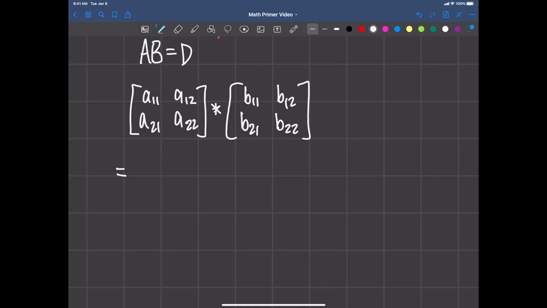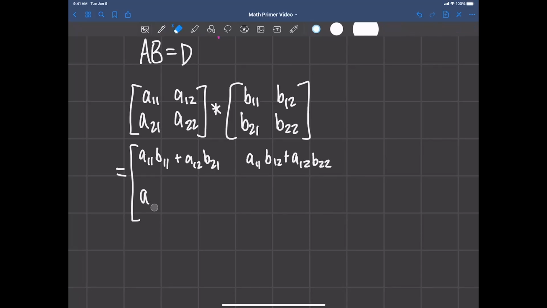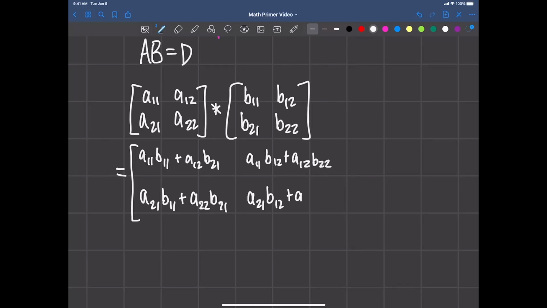Well, what happens is we take A11 times B11 plus A12 times B21. Here is A11 B12 plus A12 B22. A21 times B11, and I'll explain how this kind of works spatially as well, but for now here's just the formula for it. A22 times B21 plus A21 B12 plus A22 B22.